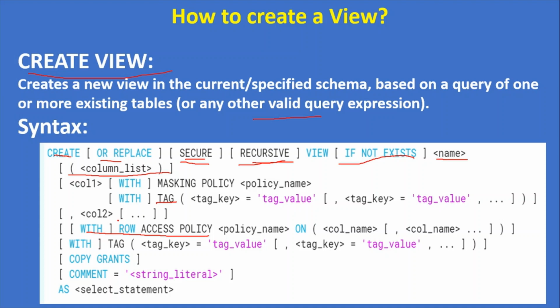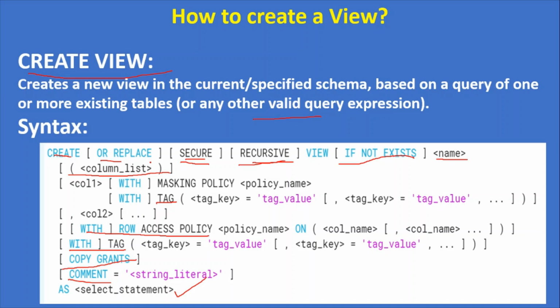You can attach this row access policy to the view or even a table. And tag, you can attach the tag. After that, COPY GRANTS, COMMENT, and this is the mandatory select statement. It's a valid SQL select statement using one or more tables or any valid query expression. This is the syntax to create a view in Snowflake.